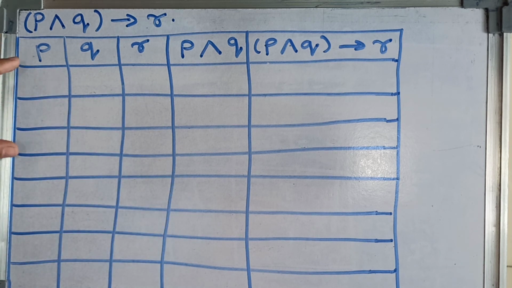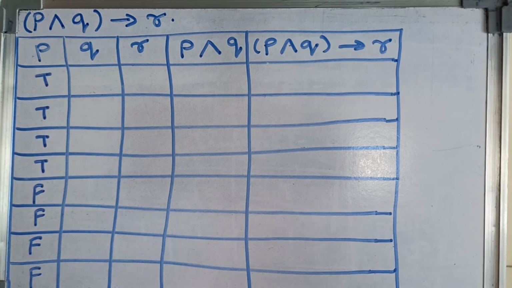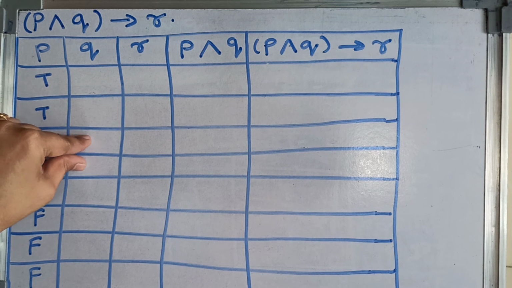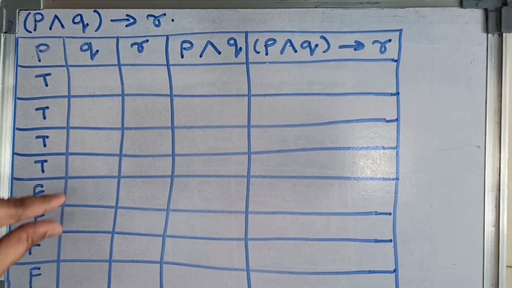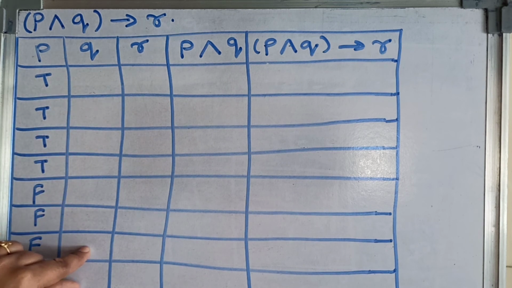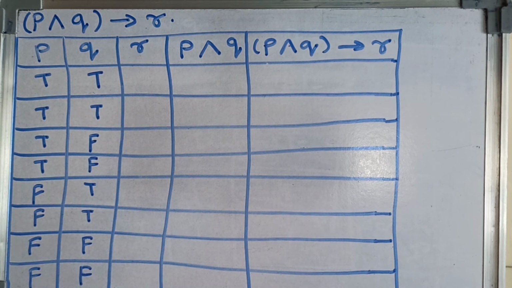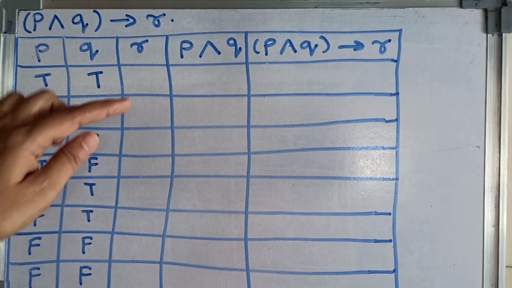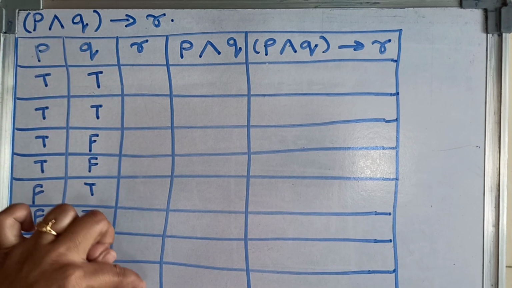For P, half of the rows will be true and half false: 4 rows true and 4 rows false. For Q, half of that: 2 rows true, then 2 rows false, then again 2 rows true, and then false. For R we have alternate T and F: TF, TF, TF, TF.